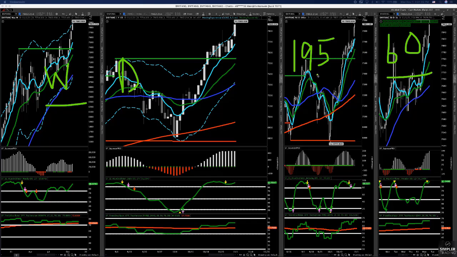The one thing that I will explain here is the 195-minute is somewhat of an awkward time frame if you're unfamiliar with it. The reason that I use it is because a traditional trading day is 390 minutes long, and 390 minutes doesn't divide equally into an hourly time frame, right? So you're always left with an unusual hourly candle at the end where it's only 30 minutes.